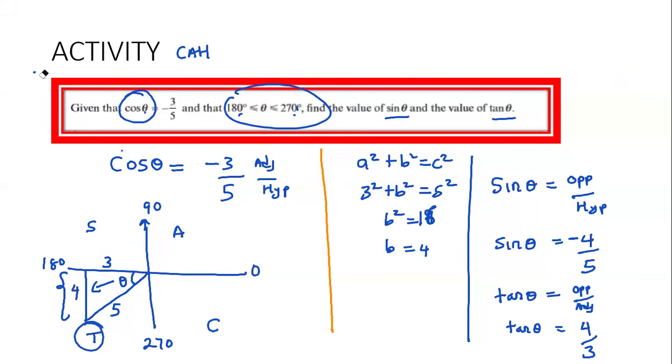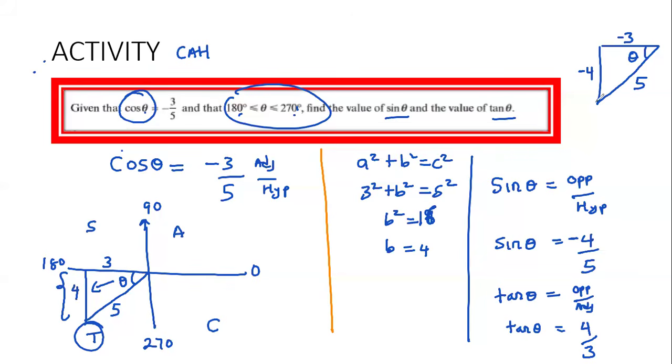There are two ways you can do it. In case you have put it here, this will be -3. Now, this is going to be -4, and this will be 5. So, if you want, you could do it like that.